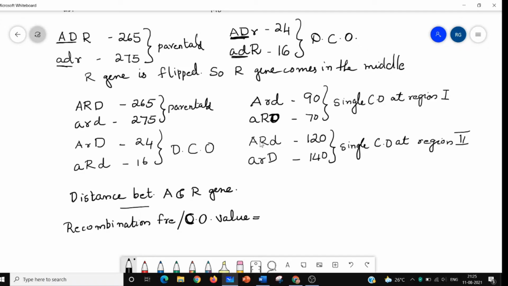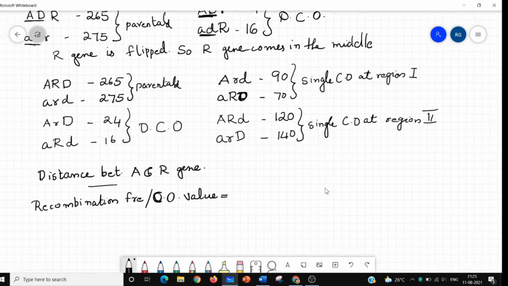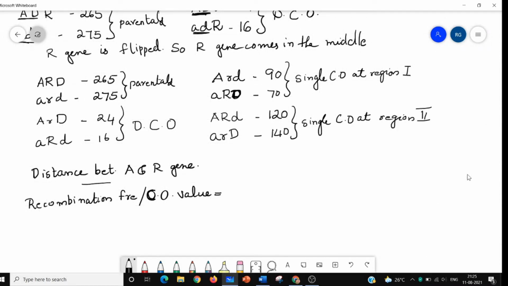For that we write the number of recombinants produced by single crossover between A and R gene. These are the single crossover offsprings produced by crossing over between A and R gene.